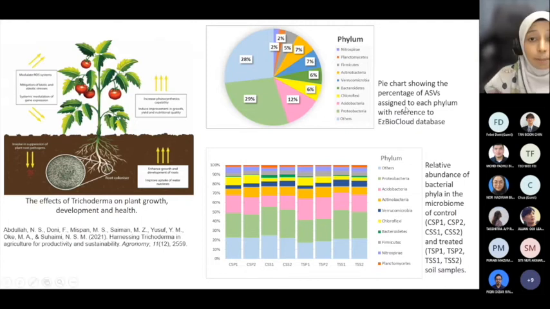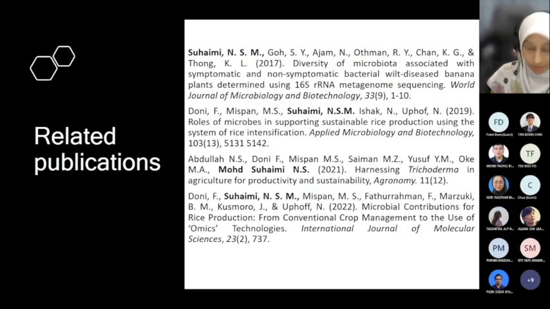This pie chart shows the ASVs assigned to each phylum, the whole results, with limited data at the very beginning of the project.